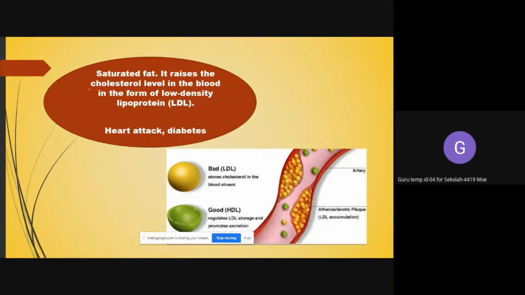Kolesterol ni dia ada good and bad cholesterol. Bad cholesterol known as LDL, good cholesterol known as HDL. Bad cholesterol will store cholesterol in the bloodstream.